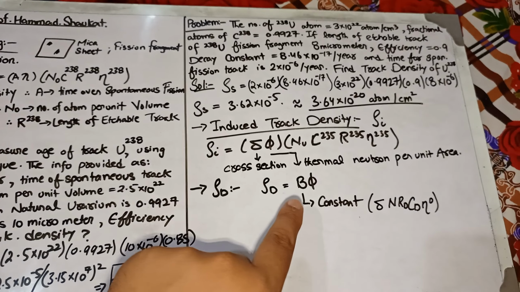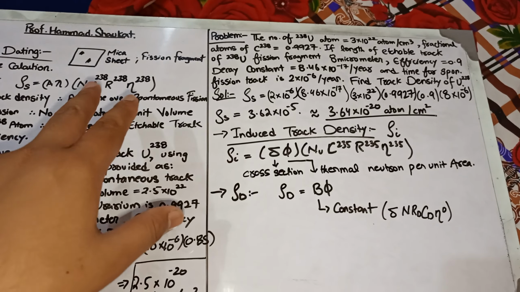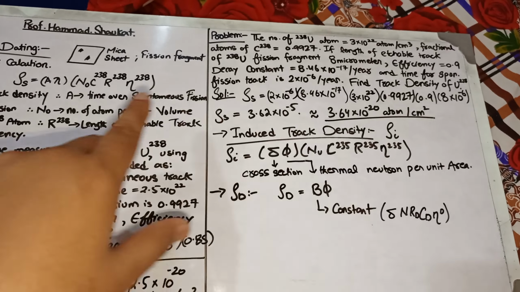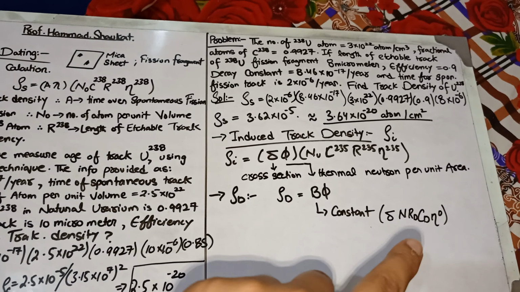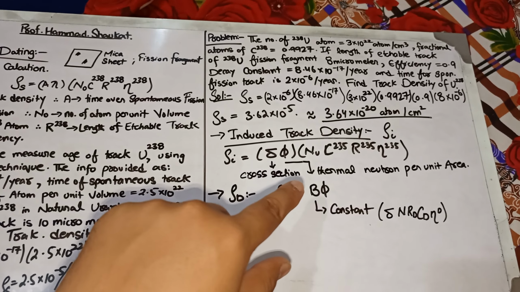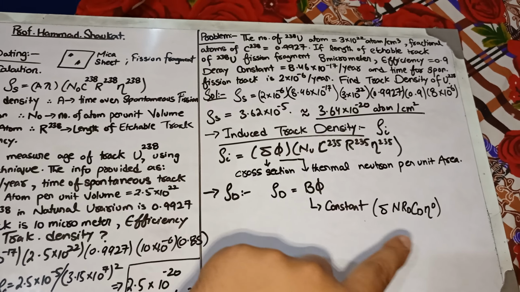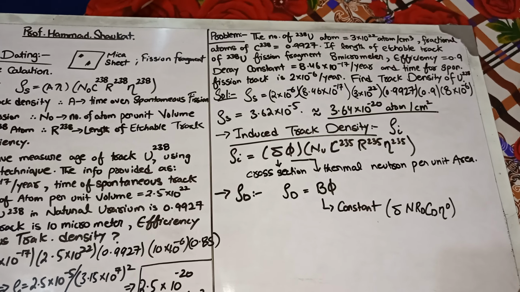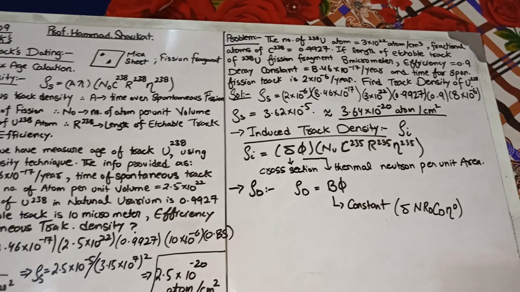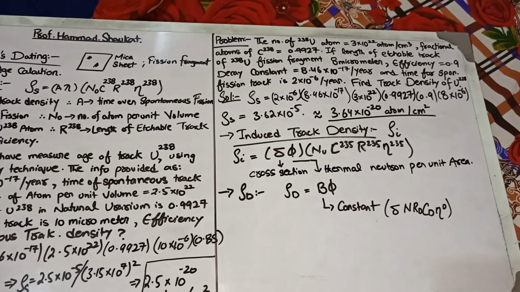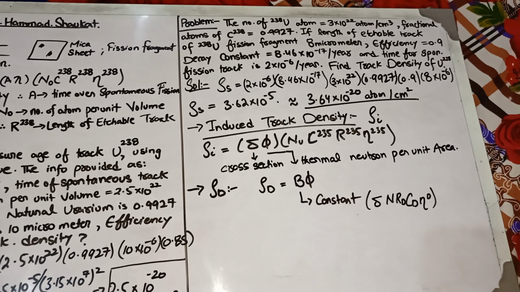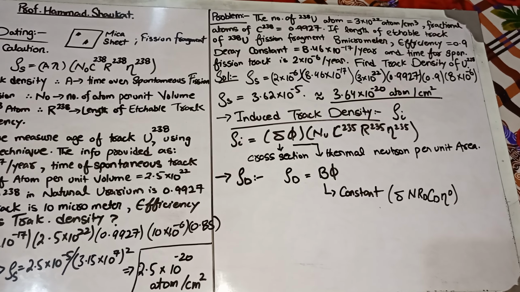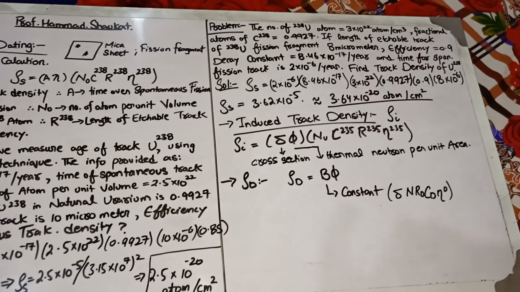So b is basically the constant in this case, and in all other aspects this lambda is converted to sigma, and C, R or eta are as they are, and N is also as it is. So these values are constant quantities, defined for the dosimeter analogous to those equations as we discussed here and here, whereas psi is basically the thermal neutron per unit area. Understood? So this is how you can measure rho d.